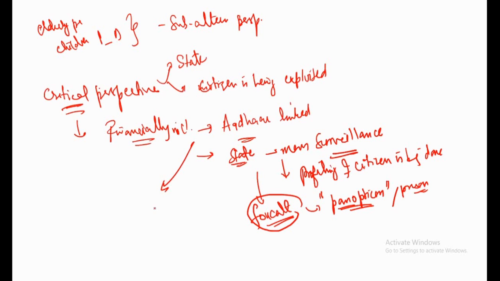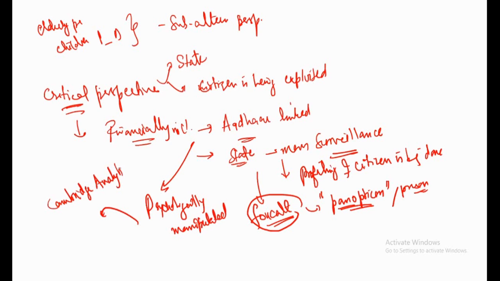Or people's data can be used to psychologically manipulate them. You can manipulate people, for example, the Cambridge Analytica scam, where the outcomes of elections were being influenced, that the people's voting behavior was being influenced by using their data.